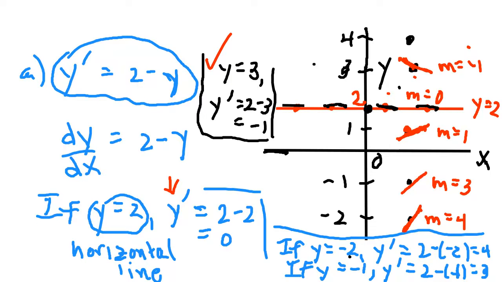And then finally, at y equals 4, what's the slope? If we substitute in 4 here, what's y prime equal to? -2. That's right, Taj. And so that gets us a little bit steeper slope.